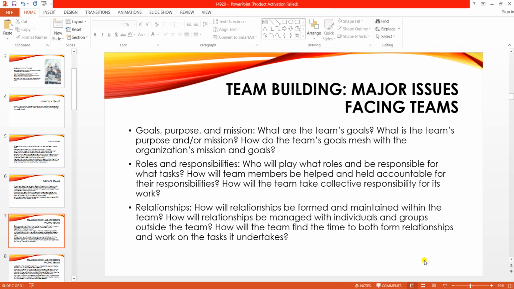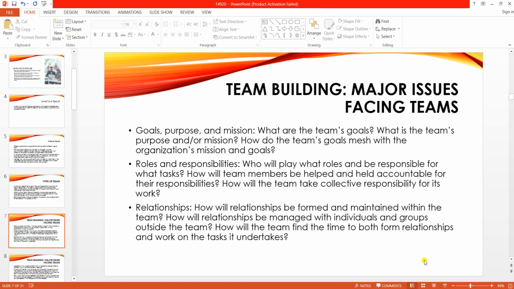For instance, in terms of team building, we've got the goals and the purpose and the mission. So these three items correlate. For instance, your mission has to correlate with the organization's missions, goals, and their purpose in terms of their plan for the next 5 years or so.